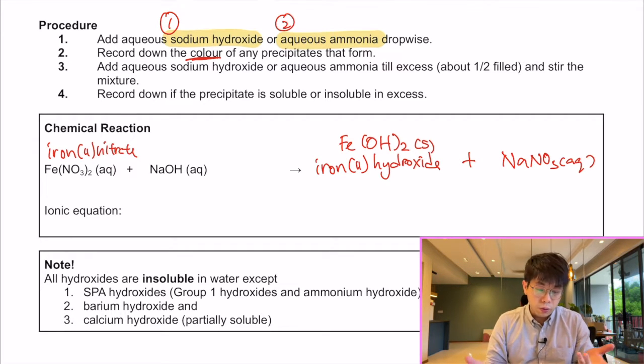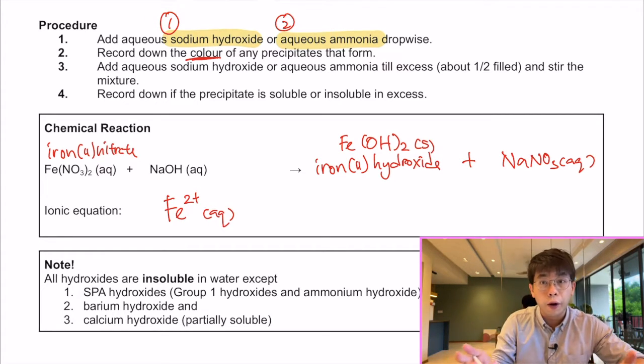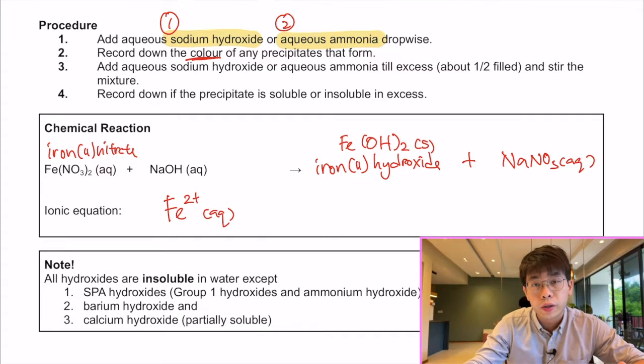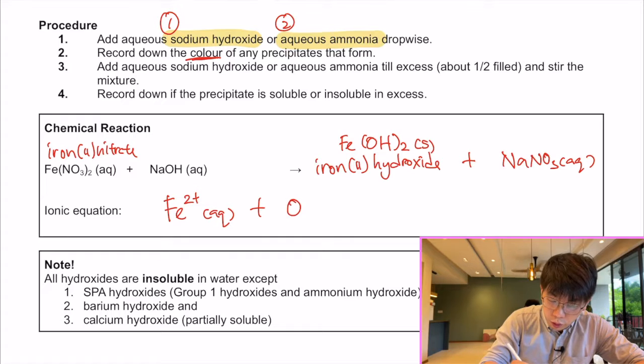So how would this look? We have the iron 2 ions in the solution floating around. We add in the sodium hydroxide or the aqueous ammonia, which are both alkaline, so they have OH minus ions floating around too.